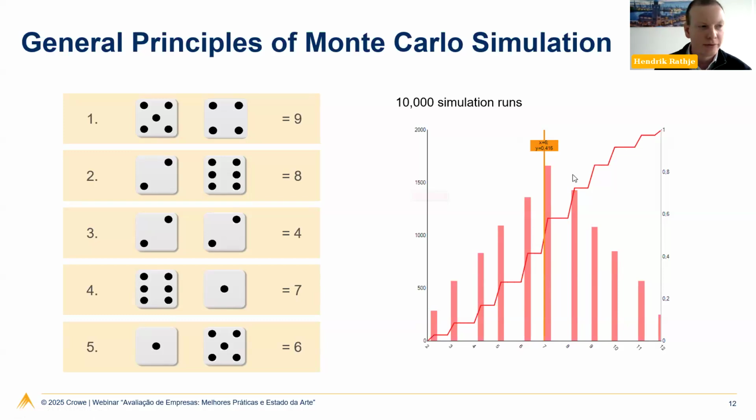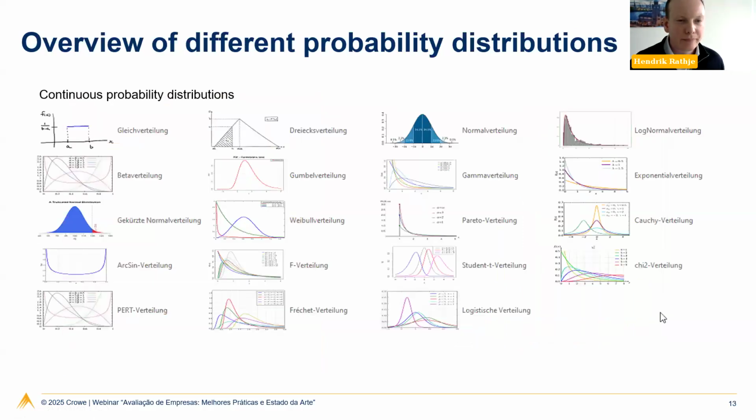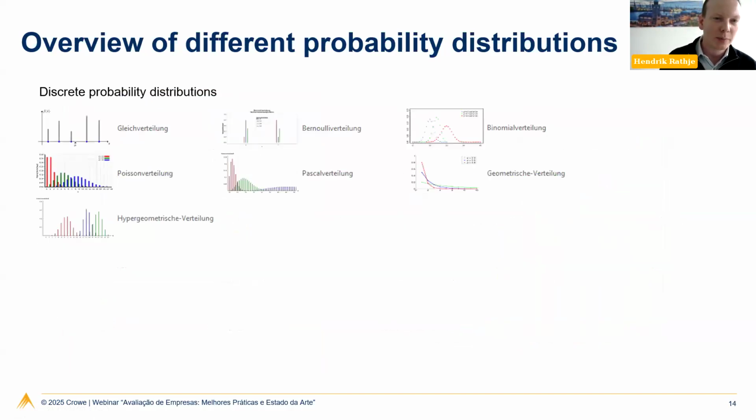There are a lot of different distributions. Go to the next slide, please. Here we have a few which are continuous probability distributions. Sorry about the German words. Go to the next slide again. We have some discrete probability distributions. For example, the first one you can see here on the top left is the one for dice.